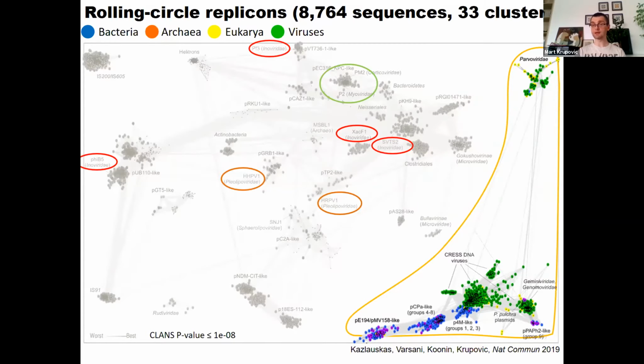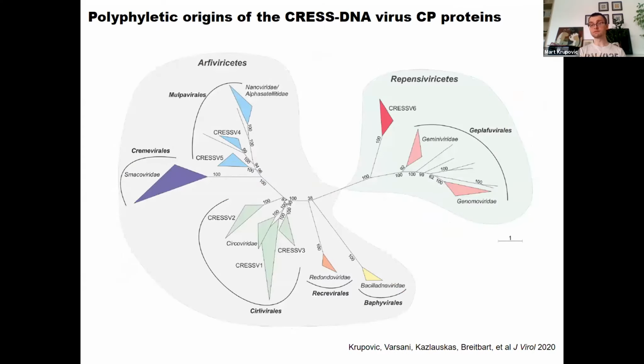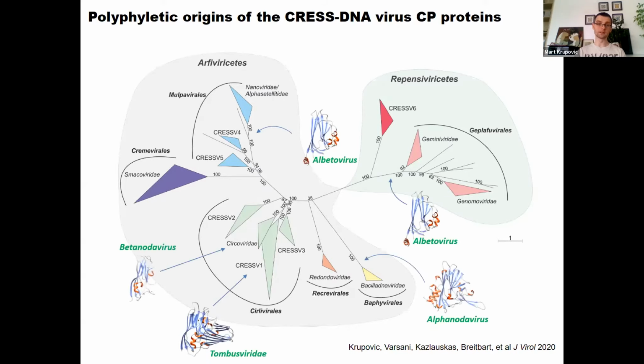Now, what about the capsid proteins? Here is the tree of the eukaryotic single-stranded DNA viruses, the tree based on the rep protein. If we now look at the capsid proteins found in these viruses, we see that the capsid proteins are actually polyphyletic, and they belong to different subgroups of the single jelly roll fold.